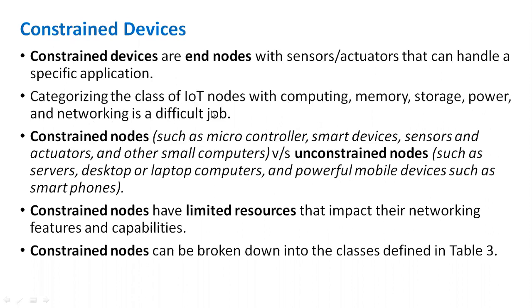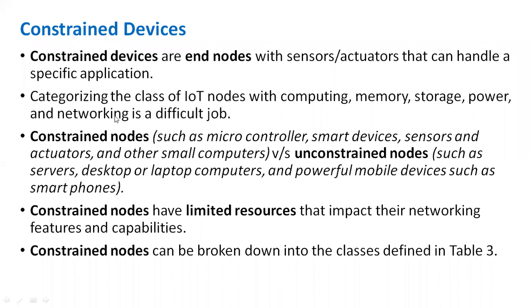So why am I telling you all these things? Because I wanted to tell you about constrained devices. Constrained means they are very much limited, they have very small specifications. Here we have computing, memory, storage, power, and networking. These we can do in large machines or big computers.